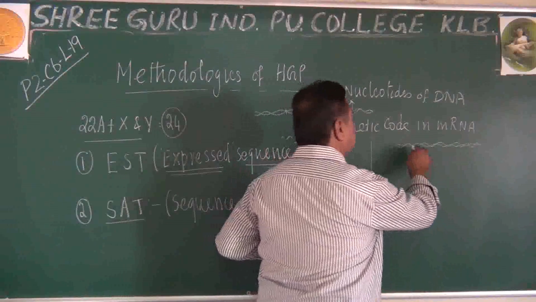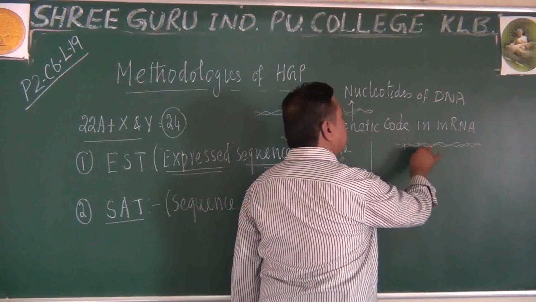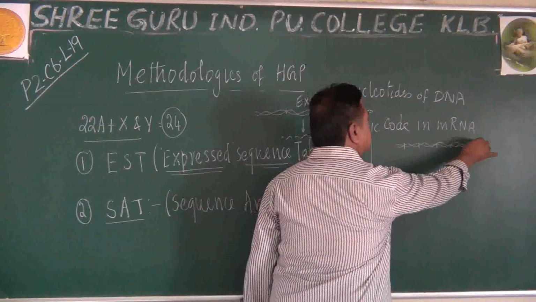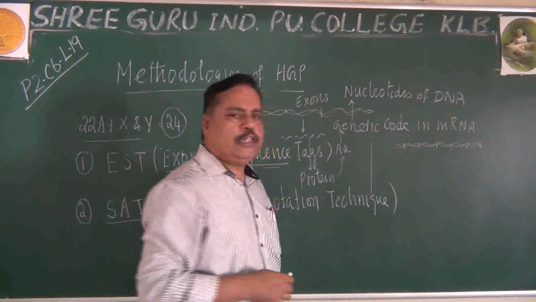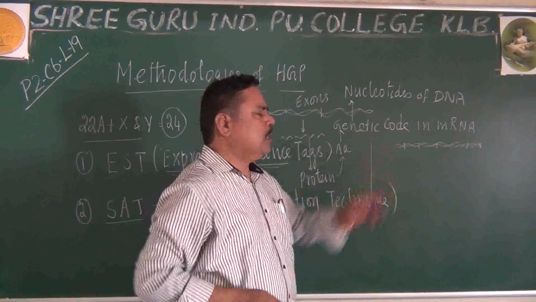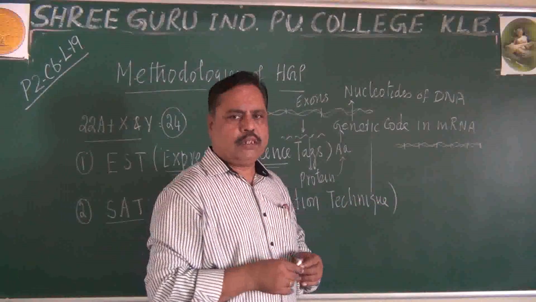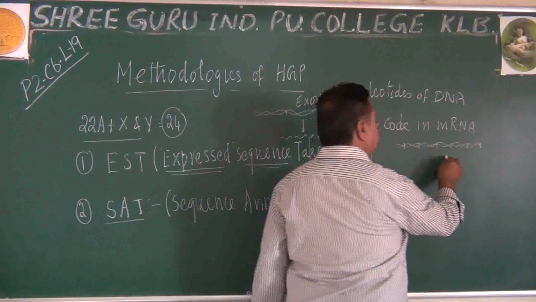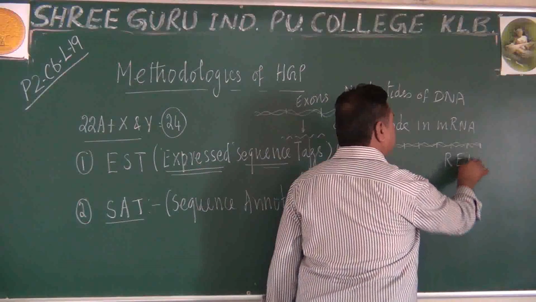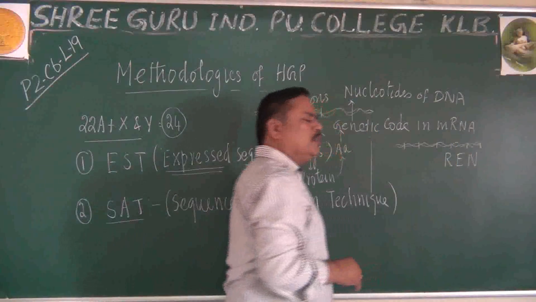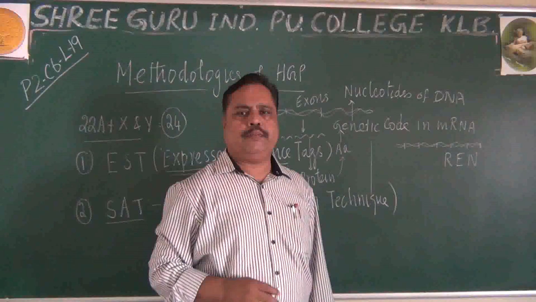This DNA long chain will be broken into small pieces, otherwise fragments. How to break the DNA molecule into fragments? For that we need one enzyme called REN, otherwise restriction endonuclease, we can say.